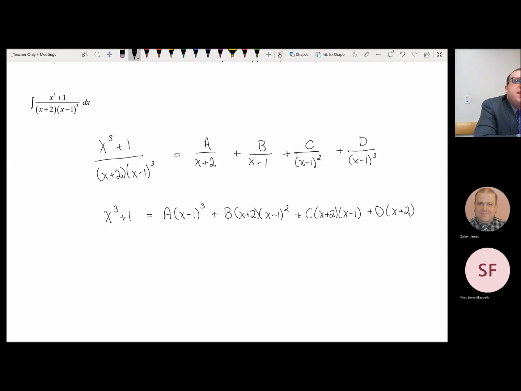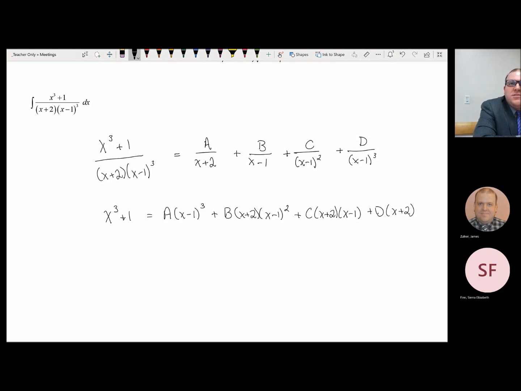Notice why I can't use the same trick here. I can easily get rid of B, C, and D, right, by saying x is -2. I can also get rid of A, B, and C by saying x is 1. So we can easily solve for A and D, but not B and C, right, because they both disappear regardless.